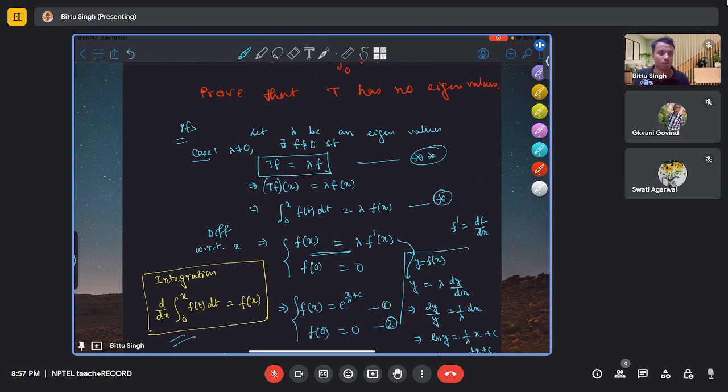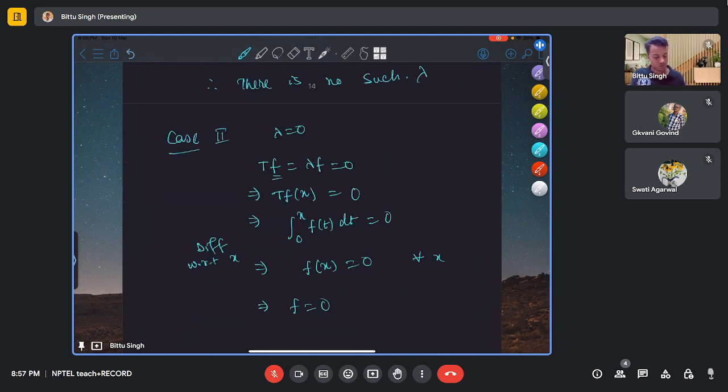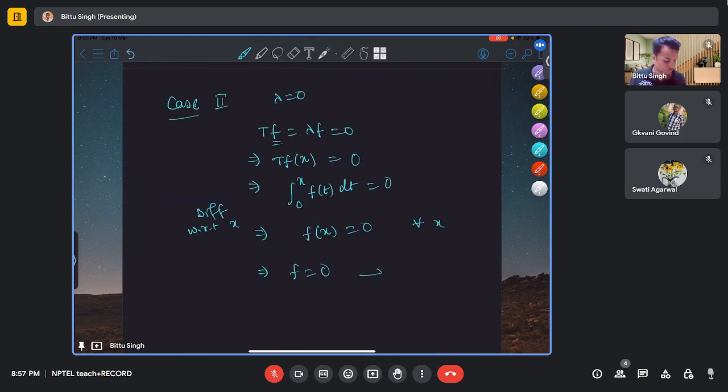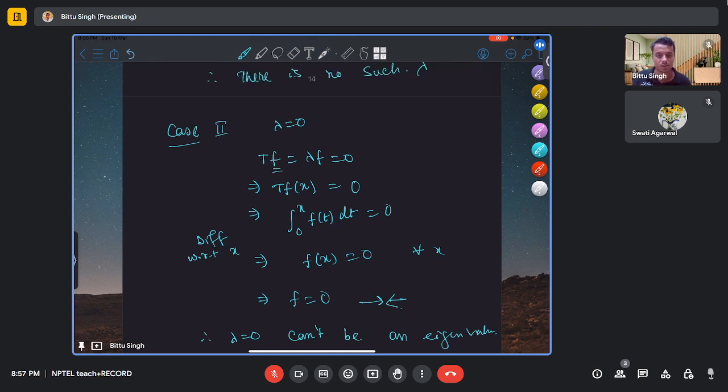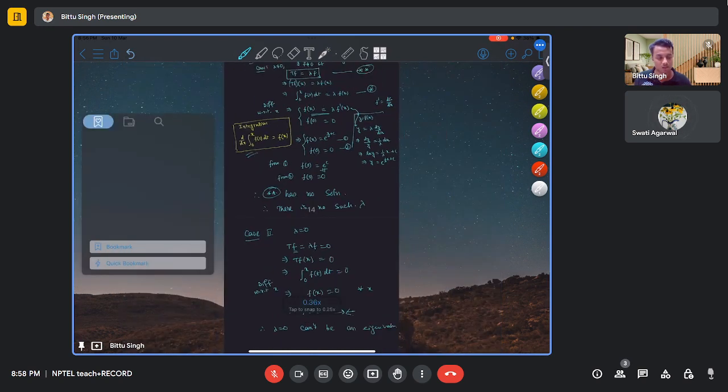So we have already assumed f to be non-zero, and again we are getting a contradiction. Therefore, lambda equal to 0 can't be an eigenvalue. Up to this, is it okay? So for both cases, there is a contradiction.